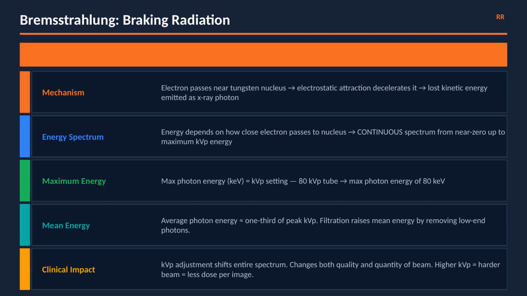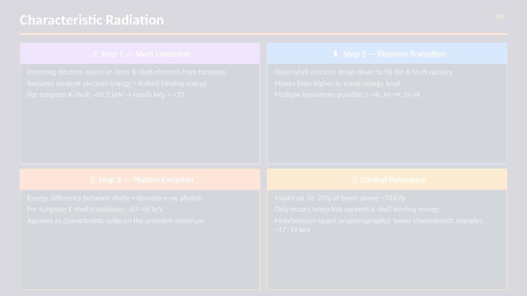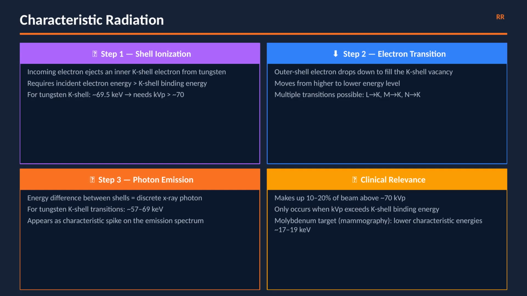kVp adjustment shifts the entire Bremsstrahlung spectrum. This changes both beam quality and quantity. Characteristic radiation follows a completely different mechanism, and it only occurs above a specific kVp threshold. Step 1. An incoming electron carries enough energy to eject an inner shell electron from a tungsten atom entirely.